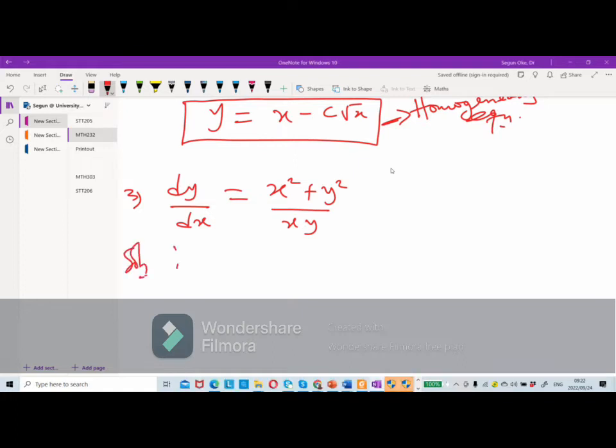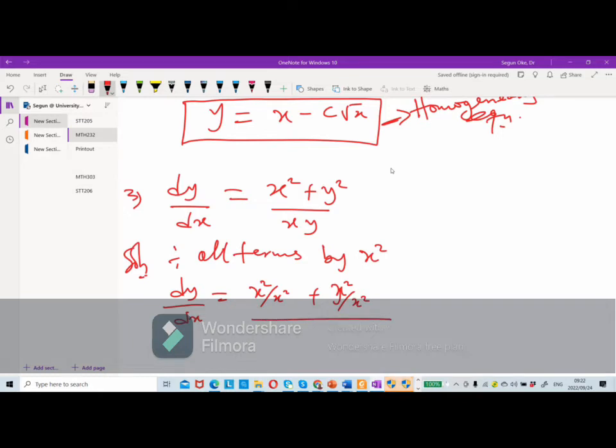Solution. Divide all terms by x squared. Just to make your journey simple, dy/dx equals x squared divided by x squared plus y squared divided by x squared, divided by xy over x squared.